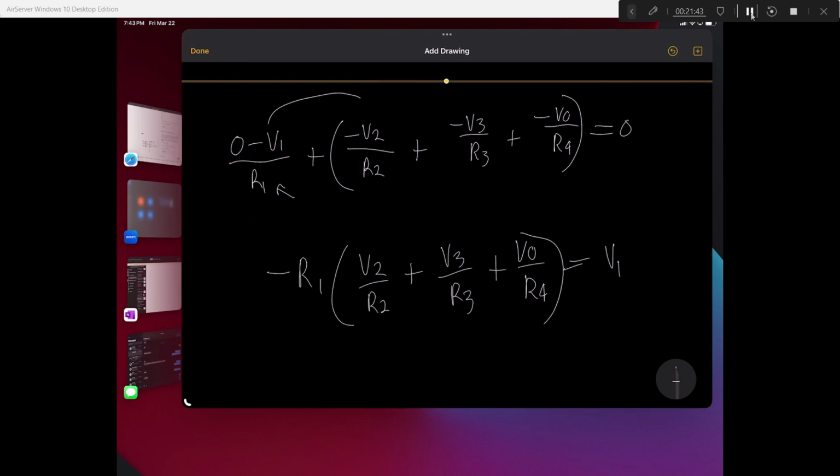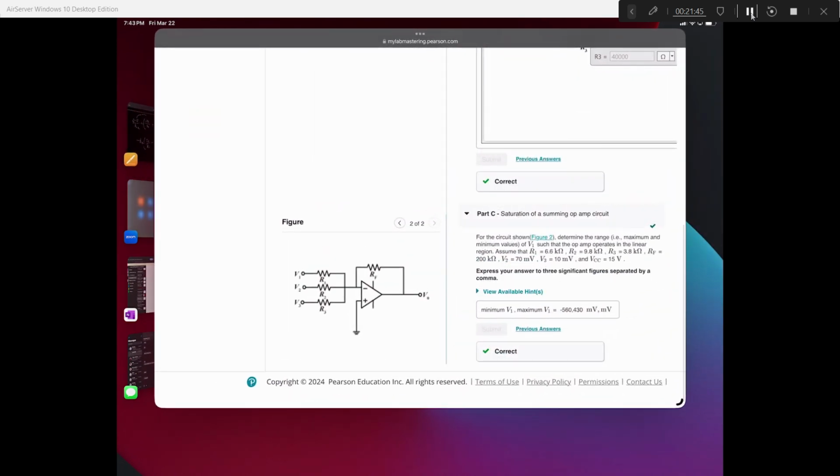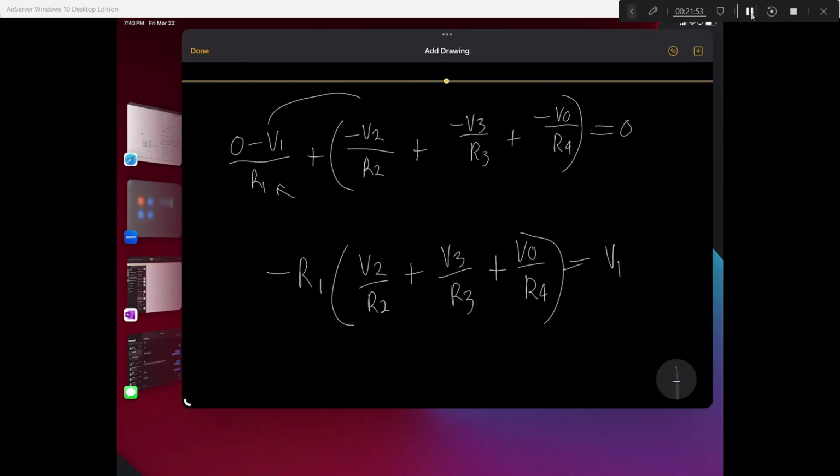Okay, so VCC is equal to 15. Well, there's a negative 15 and a positive 15 value, because this VCC is going to be from negative 15 to positive 15. And our answers will vary depending on that.